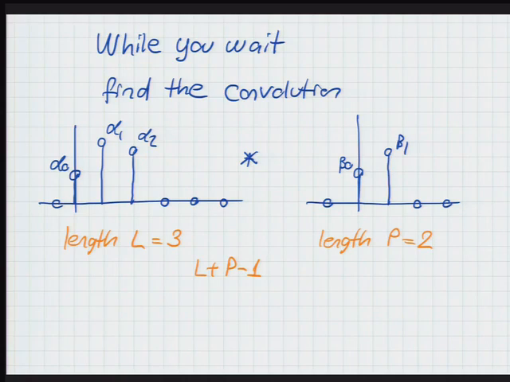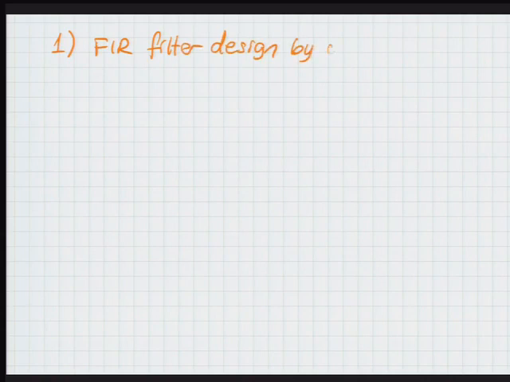All right, so what I'm going to do today is two things. First, we'll talk about FIR filter design by windowing. We've done a little bit of this in continuous time, but really you design things in discrete time.